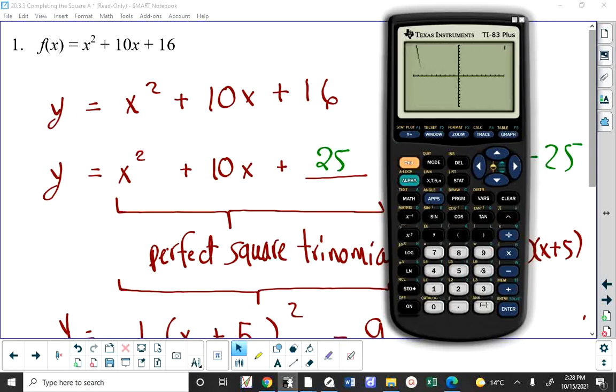Zoom 6 is the starting point. I can see the vertex.